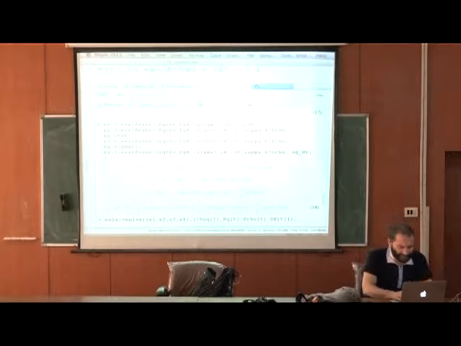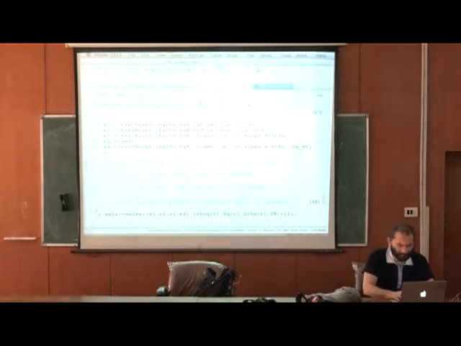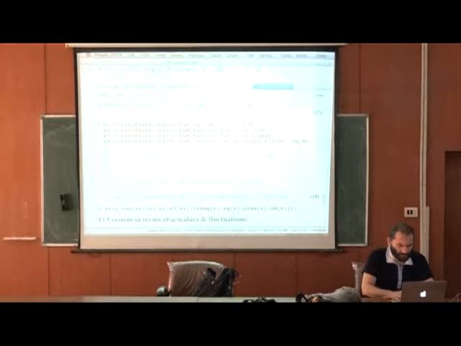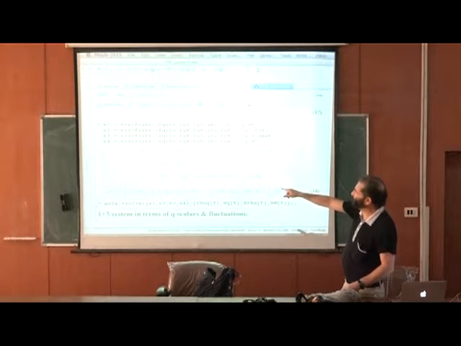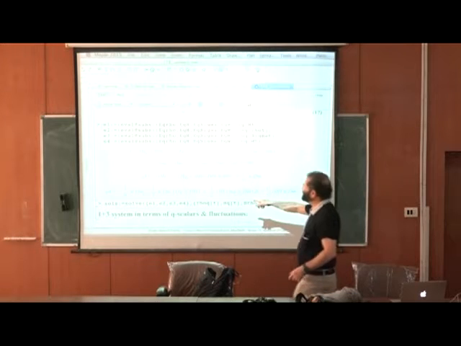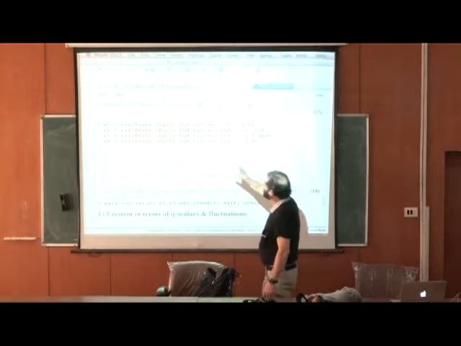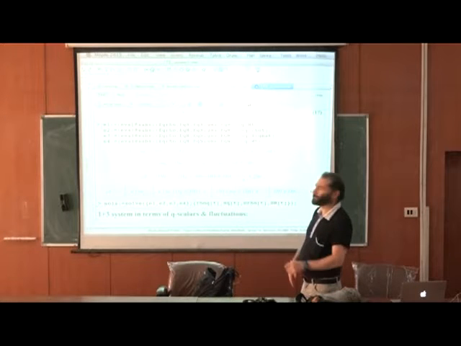Okay. Sign again. Okay. So now you see these are 4 equations, the 4 evolution equations, and they have now only the Q scalars and their fluctuations appear here.